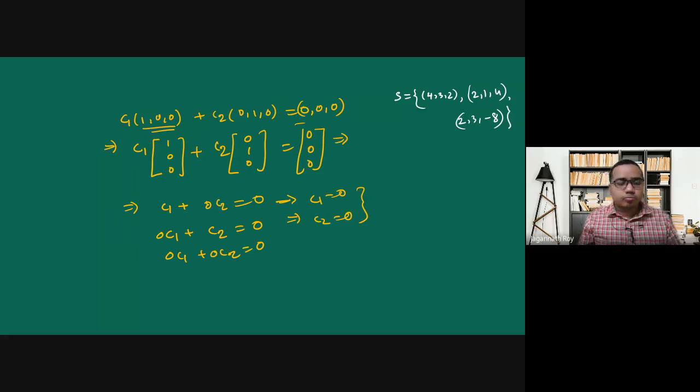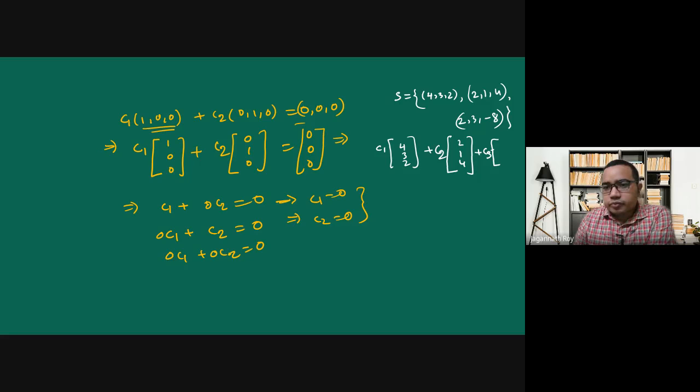If you use the definition to check whether it is linearly dependent or independent, we write down C1 into v1, which is (4, 3, 2), plus C2 into v2, (2, 1, 4), plus C3 into (2, 3, minus 8), equals the zero vector (0, 0, 0).